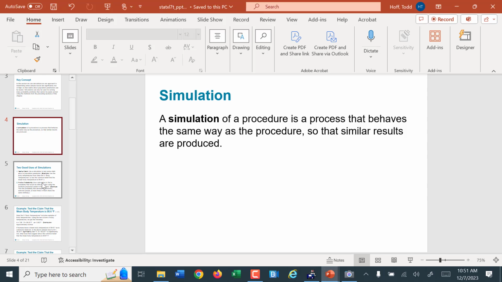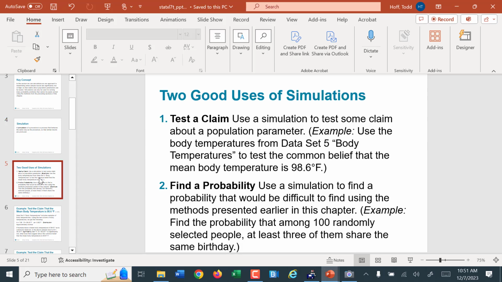So 2 good uses. We can test a claim. Part of the whole hypothesis testing thing we're going to get into in a couple of weeks is we make an assumption, and then we gather data and compare that data to the assumption. Well, if our data results are very unlikely given the assumption, then we have to go back and assume that the assumption was incorrect.